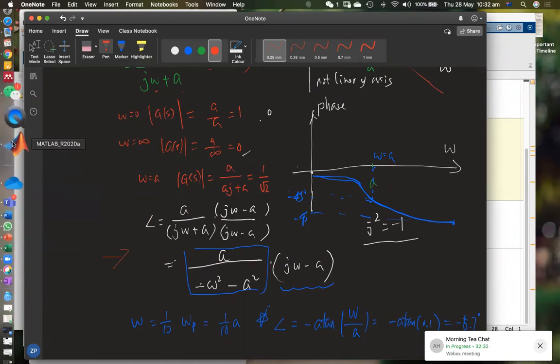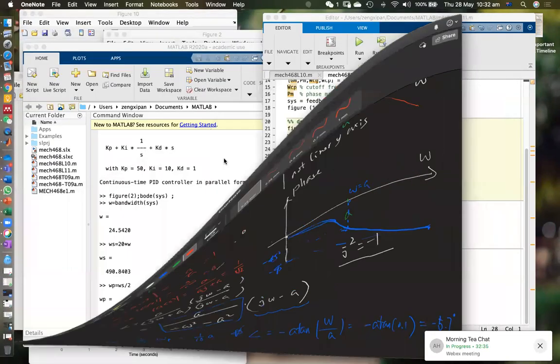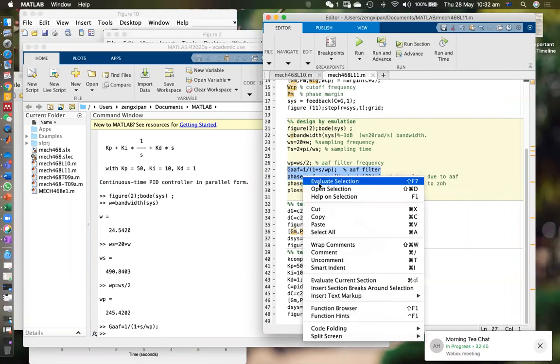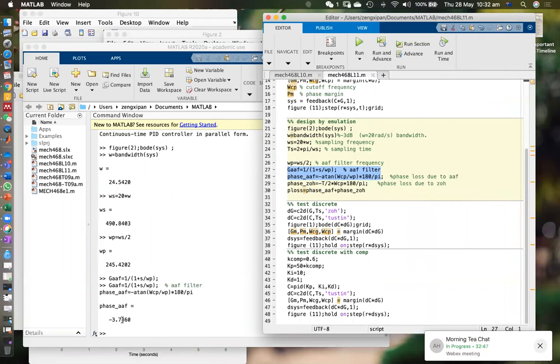But we have MATLAB, so we calculate using MATLAB over here. Omega CP over omega p, arctangent, multiplied with 180 divided by pi. So I just run this. This gives us about negative 3.7, so about 4 degrees of phase loss due to this low pass filter. Then the next formula, this looks familiar. It's negative T over 2 times omega times 180 divided by pi.